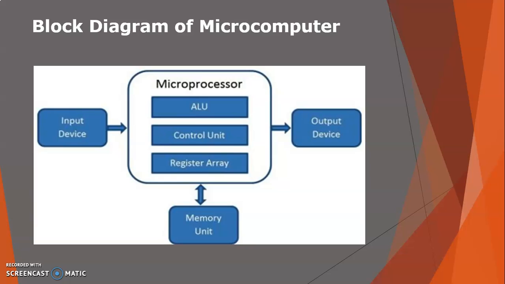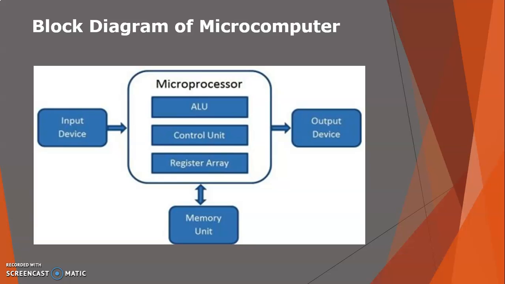So that's why it is called a microprocessor. The microprocessor is multi-purpose, a clock-driven, register-based digital integrated circuit that accepts binary data as input, processes it according to instructions stored in its memory, and provides the result as output.